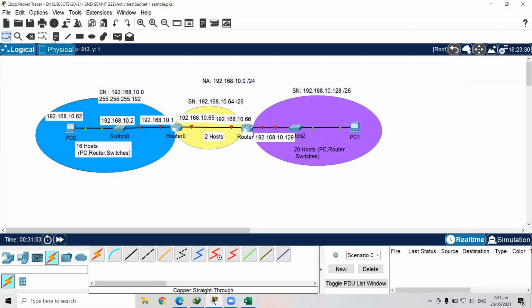Okay. Next will be, ito sa switch mo is 192.168.10.